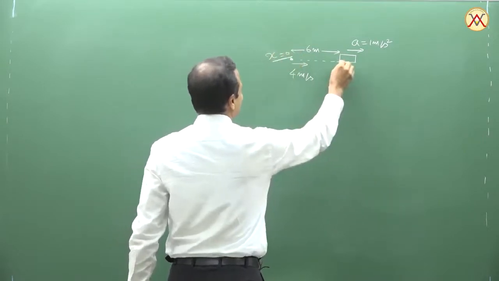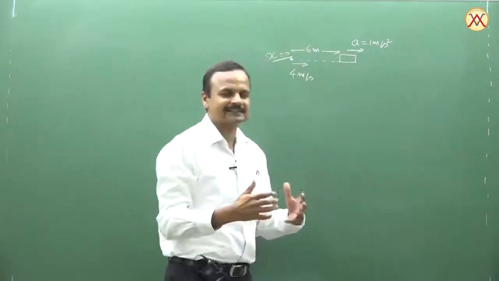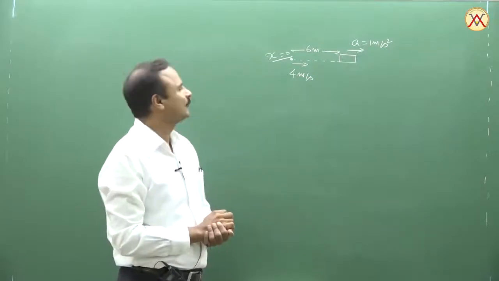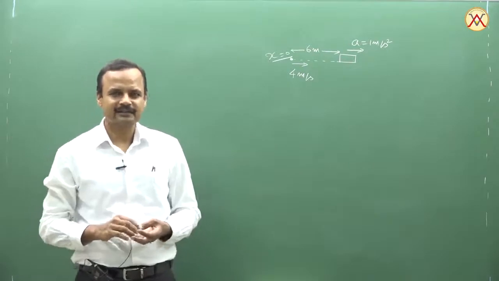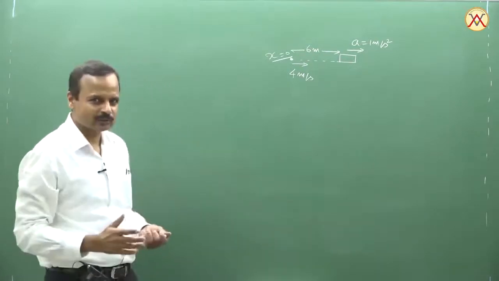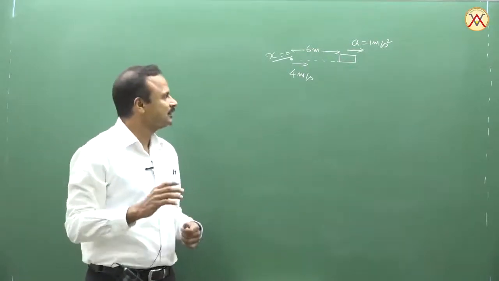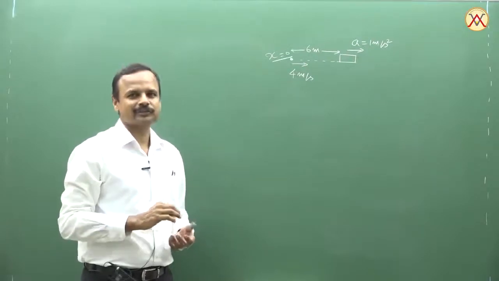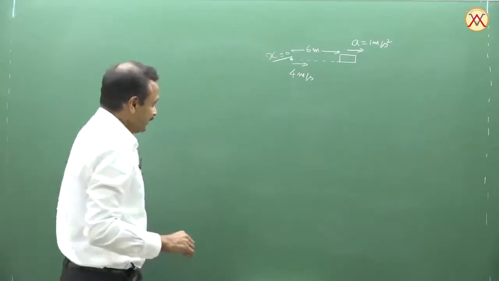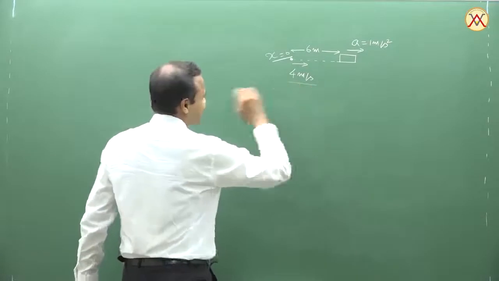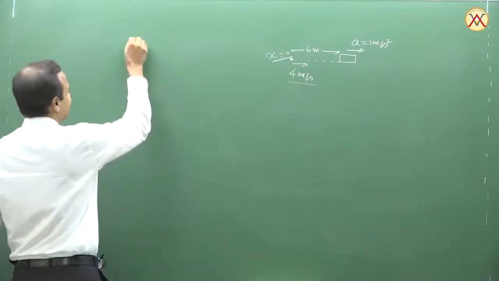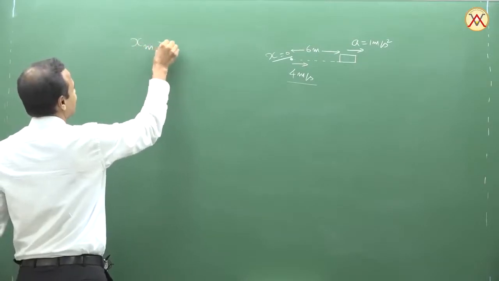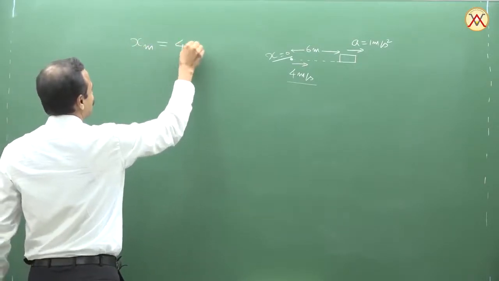That means the bus is initially at x equal to 6 meters. Now we will write down the x coordinates. It's a case of one-dimensional motion, so the x coordinates of both man and bus as a function of time. See, the man is running at a constant velocity of 4 meters per second. So the x coordinate of the man, we can simply write as 4t.